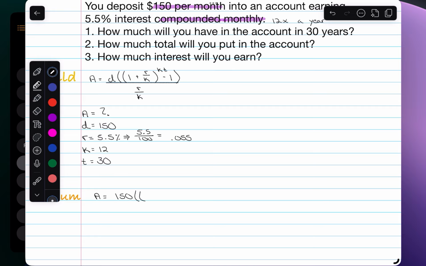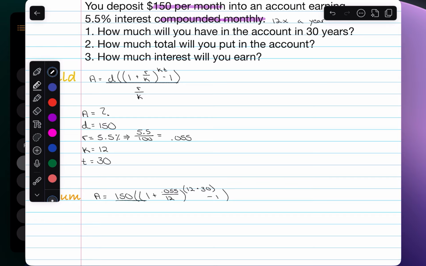Open parenthesis, 1 plus my interest rate, 0.055 over K, that's 12, close my parenthesis, and then I have to raise that to the power of K, which is 12, times T, which is 30, minus 1, and I'm going to close my parenthesis.